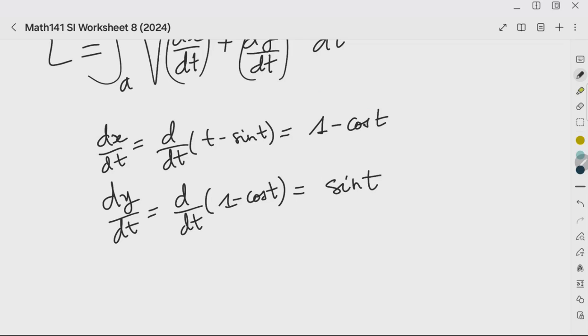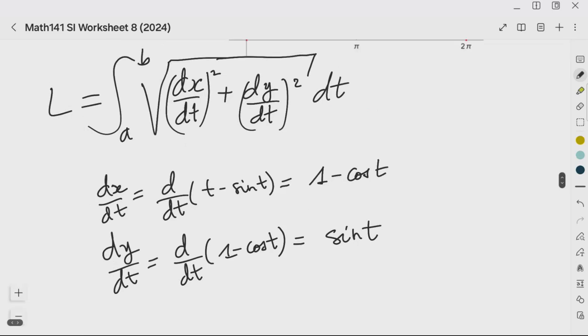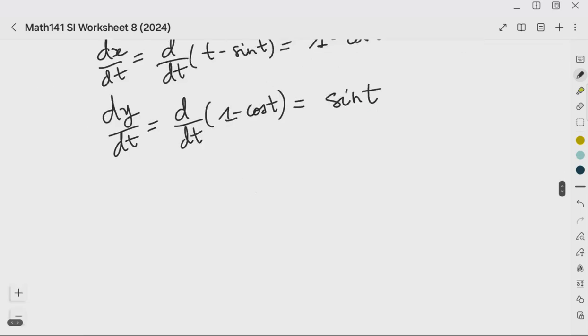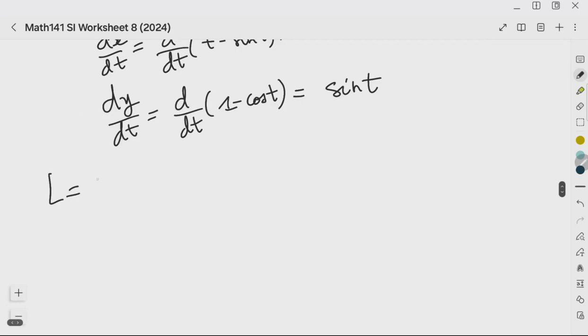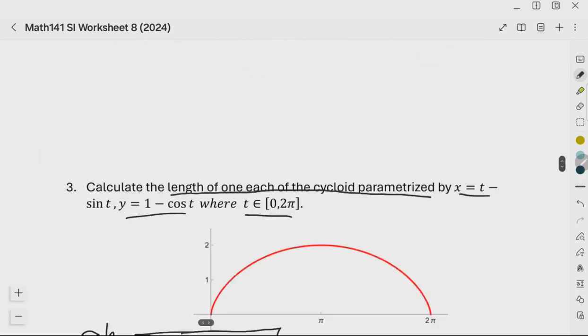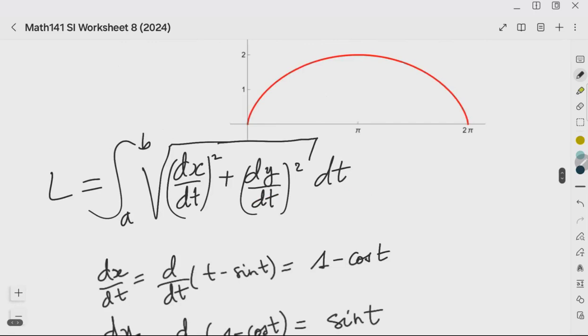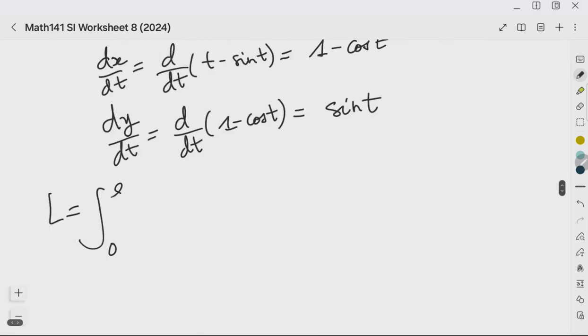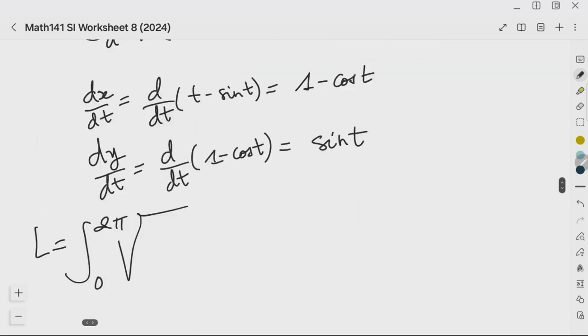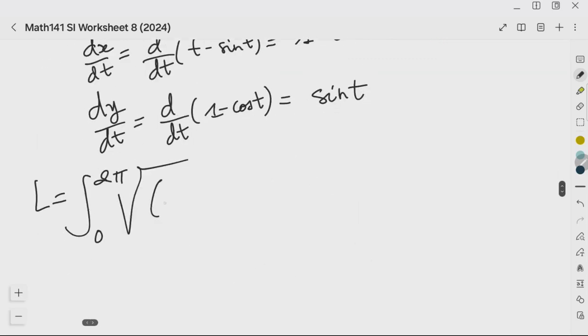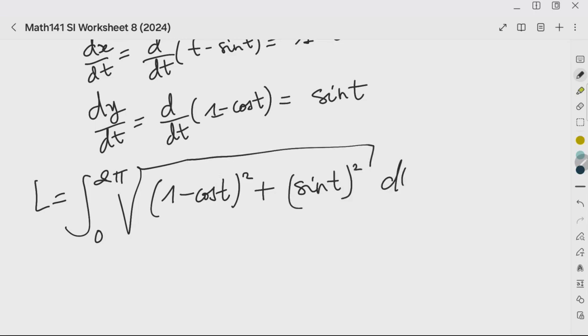So then we need to plug these two under that square root, and we have our length equal to the integral. We're given the boundaries 0 to 2 pi, right? They're given here. So it's from 0 to 2 pi of the square root of (1 minus cos t) squared plus sine t squared, all under the square root, dt.